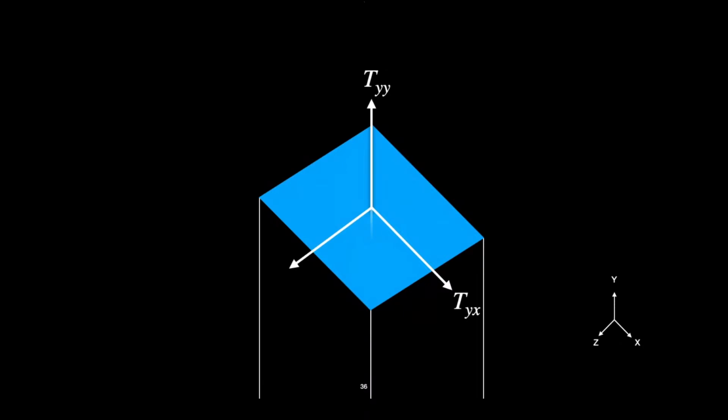Then that's T_yx, because we are still in the y normal, but the force is in the x direction. And then z, you have z here. If this was just a vector, you would just do a-hat, b-hat, c-hat, and you would be done with it. That's basically a-hat, b-hat, c-hat, but for every face on a cube.